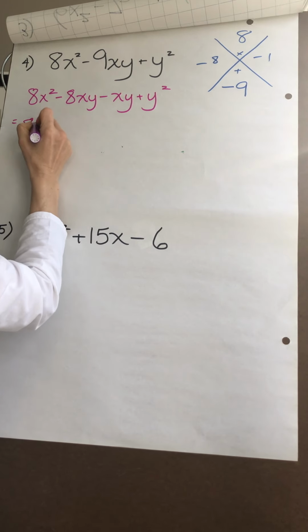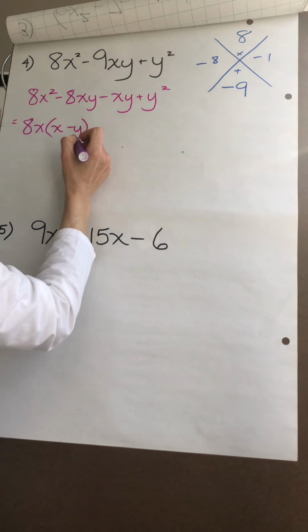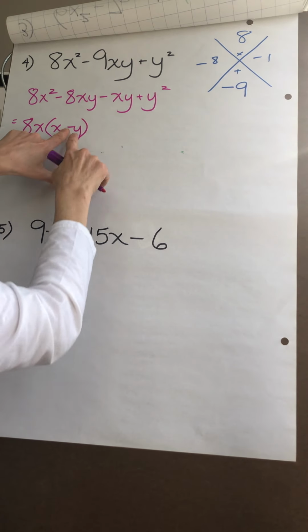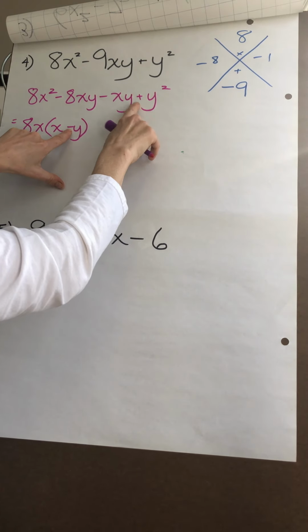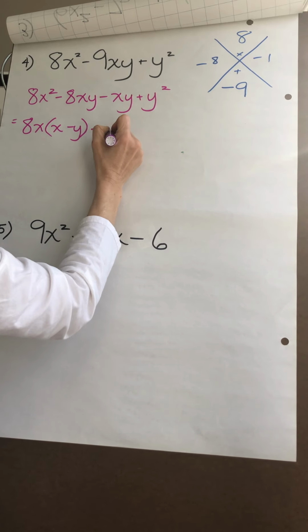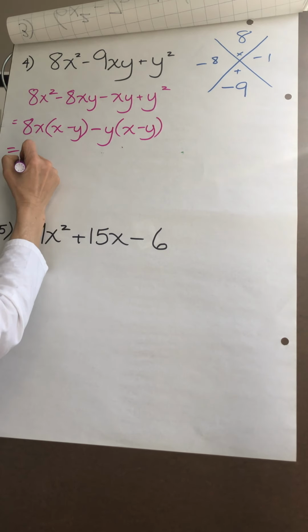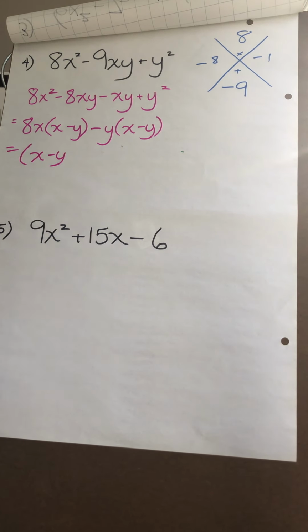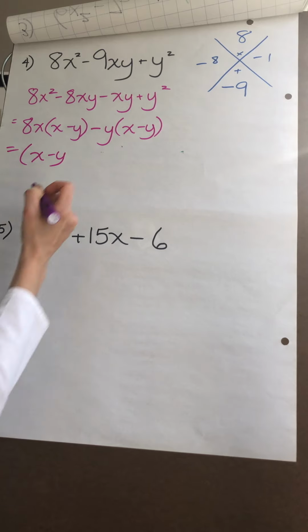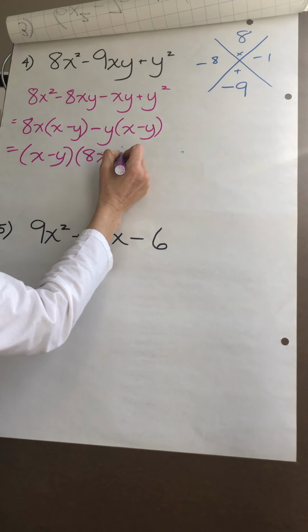Okay, take out a common factor of 8x, and we get x minus y. And again, be very careful because we got to end up with a negative in our bracket. So this sign has to change. So we're going to divide out a negative y to leave us with an x minus y. And x minus y, 8x minus y.